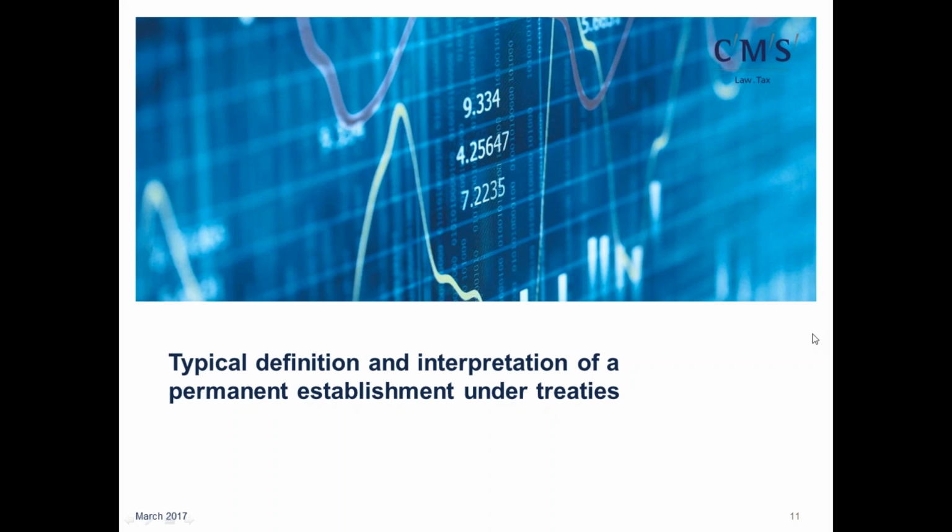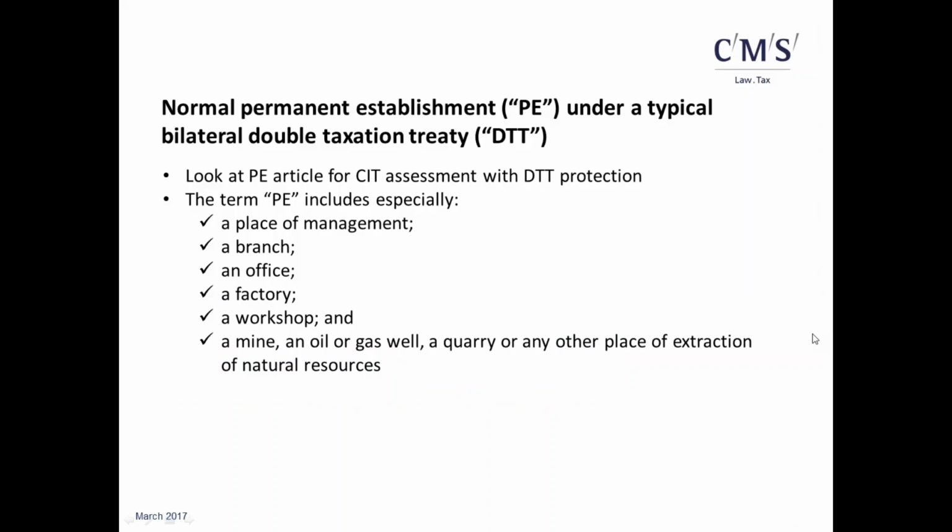After we talk about the EPB as described under the PRC domestic corporate income tax law, let's have a look at the permanent establishment definition under the bilateral double taxation treaty.